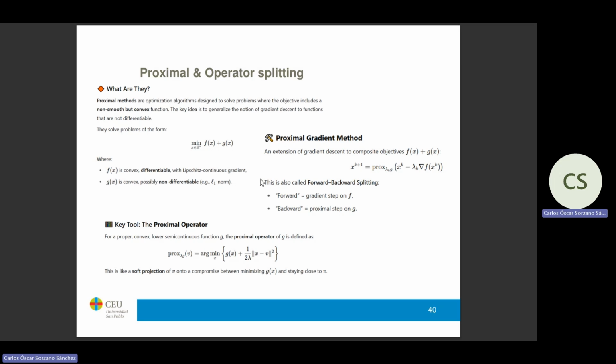And there is an alternation. I will come to your question, okay? There is an alternation between doing a gradient descent and then projecting using the proximal operator. And these are also called forward-backward splitting. So the forward is the gradient step, and the proximal operator is called the backward.